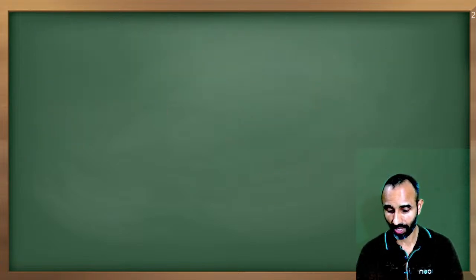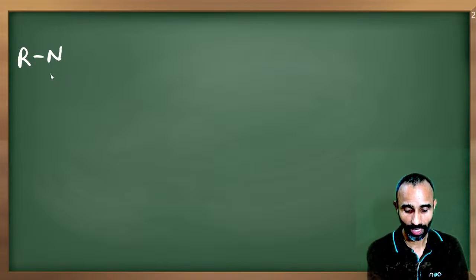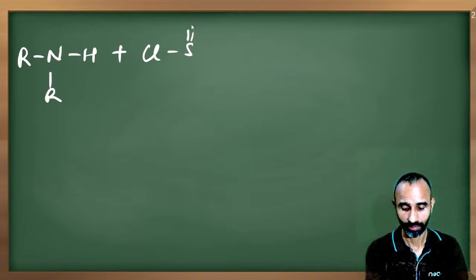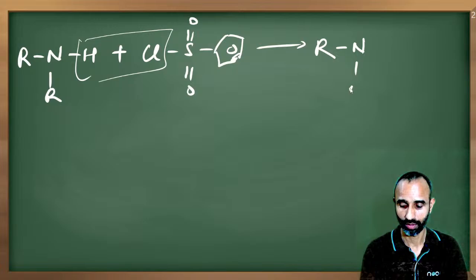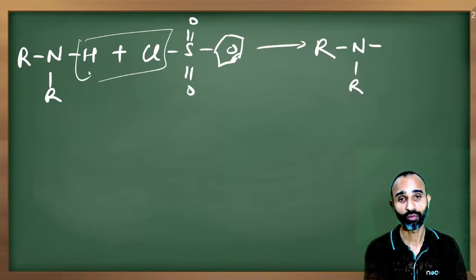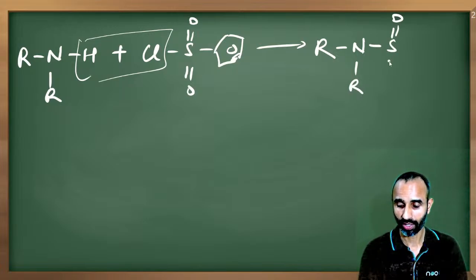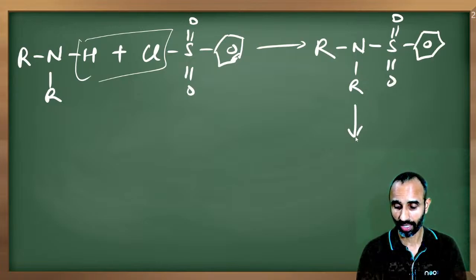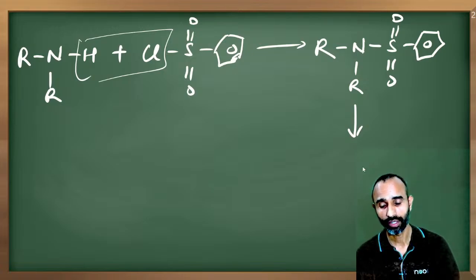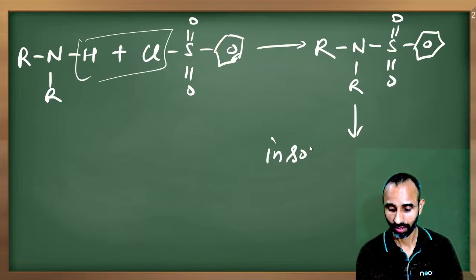But when we have secondary amine, the first reaction can take place because there is an NH bond. So it will react with benzene sulfonyl chloride, but after reaction there is no NH bond, and therefore it is insoluble in alkali.